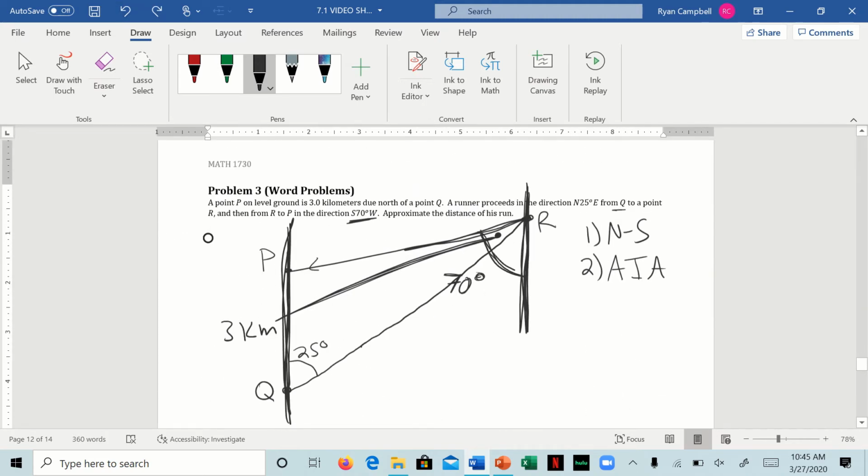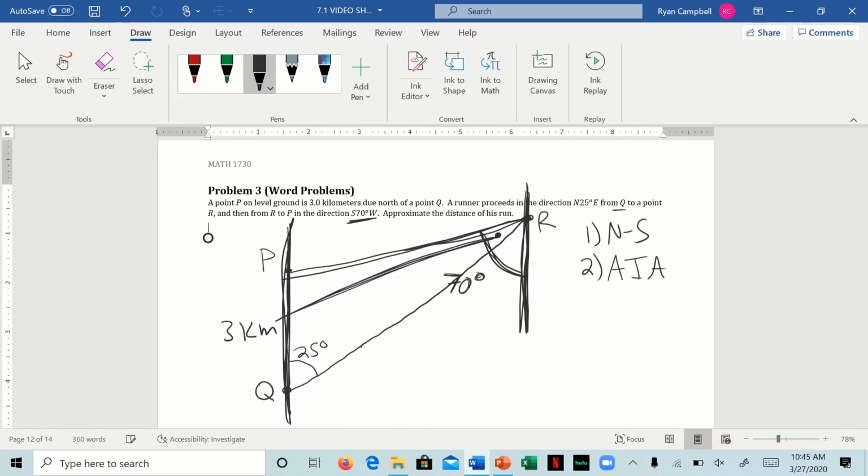However, if we use this line as our transversal, that would mean on the opposite, alternating, this is 70 degrees. Is this one we want? No, that's not really part of our triangle, right? So that's not helpful.